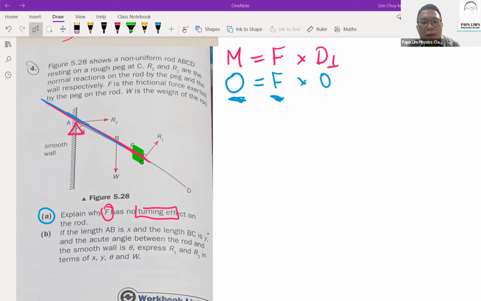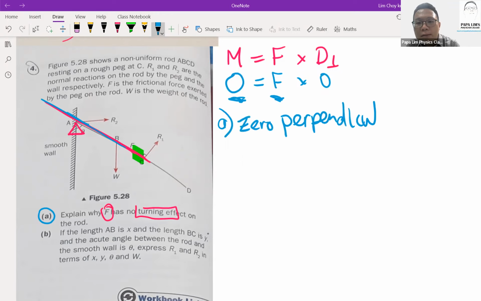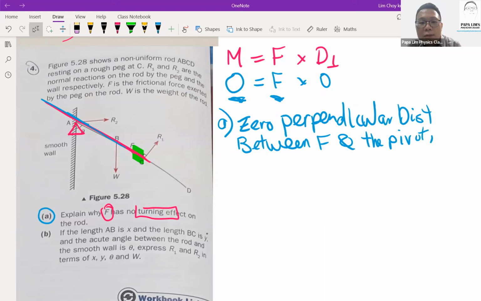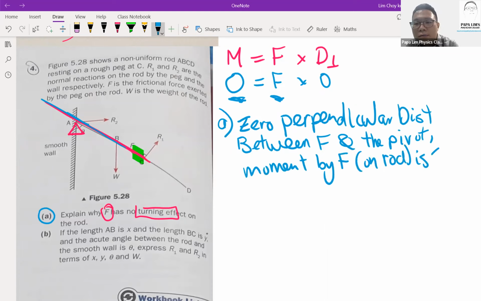Because you know that there is 0 perpendicular distance, remember the keywords: perpendicular distance between the force and the pivot. Thus I am able to conclude that the moment by F on the rod is 0.